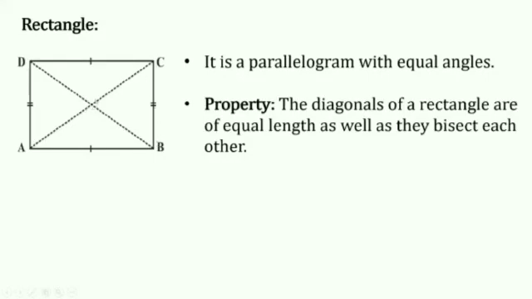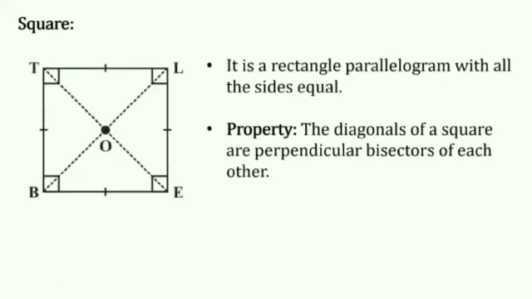Same way, BO will be 2.5 and OD will be 2.5, because BD is equal to AC is equal to 5 centimeters, and the property says that they bisect each other at the center point.